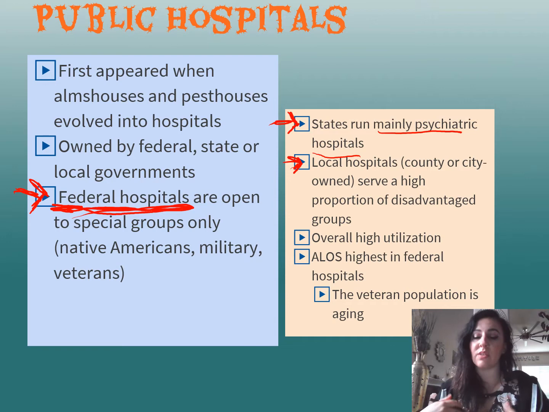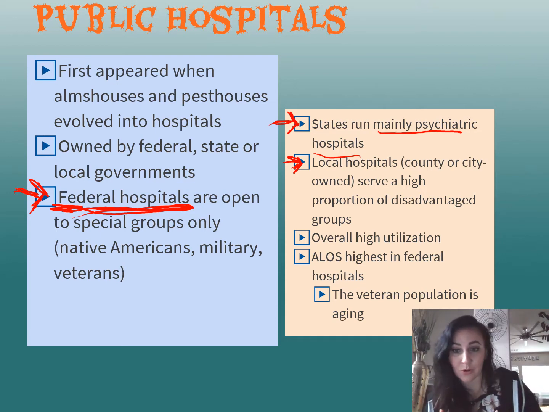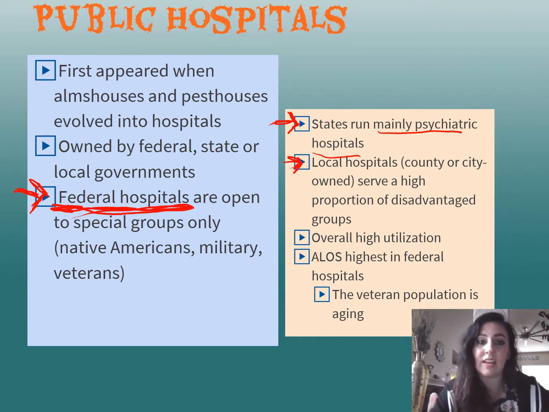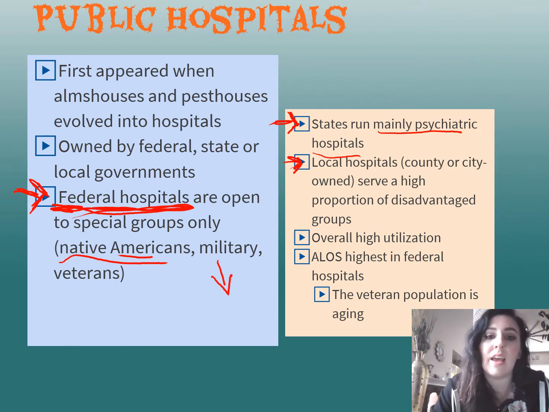Some special groups that have federal hospitals open to them would be the Native Americans. And then we have our armed forces. The military has their own system, and of course that's federally owned and run, and it's the TRICARE system.